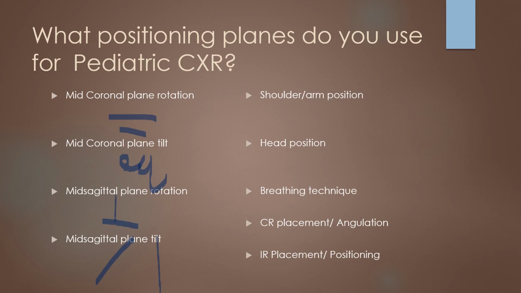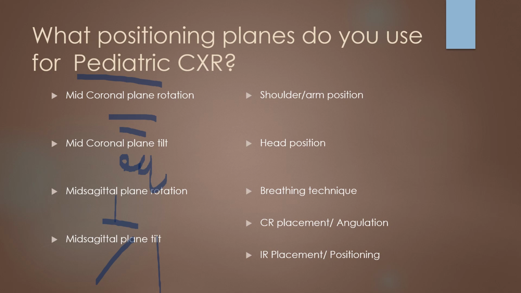Shoulders and arm positions, it would be fantastic if the pediatric patient is old enough to cooperate and can roll their shoulders forward. However, that is often not the case, especially with your neonates. Especially with infants, you might have to have somebody in the room to hold their arms down just to keep hands and arms out of the chest field. Head position, we want looking straight ahead, chin up.